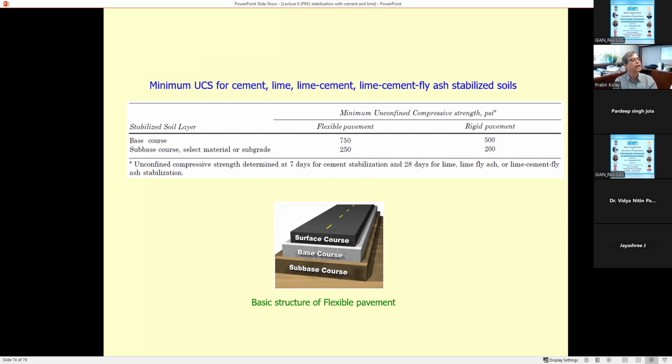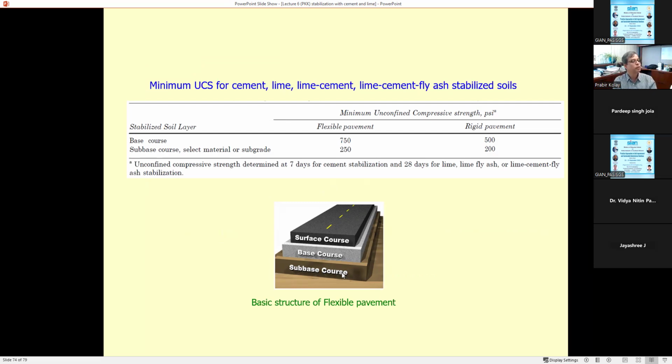Again, minimum UCS strength. There are several criteria: 7-day strength, 28-day strength, and UCS strength for the base course, and this is in PSI, pounds per square inch. Flexible base course. The sub-base course is the lower bottom. There is the sub-base course, base course, and surface course.